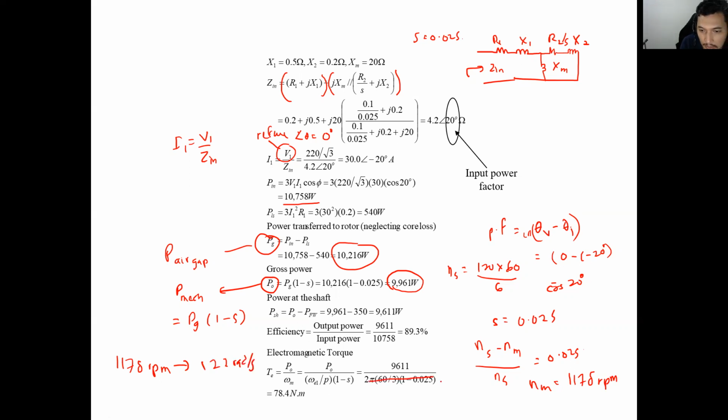So 9611 over 122, we should get around 78.7 Newton meter.